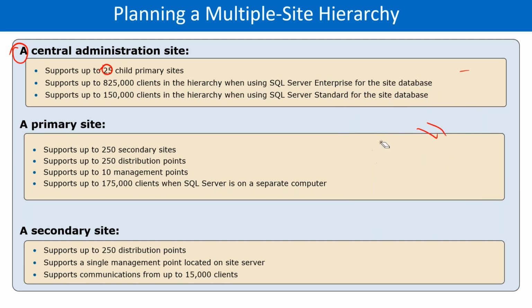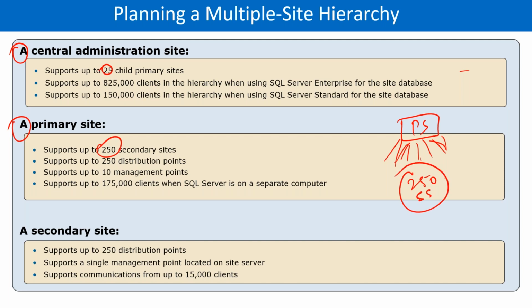Okay, now we will discuss the primary site. One primary site can have 250 secondary sites. So if you have a primary site, it can have a maximum of how many? 250 secondary sites. And in total it can manage up to 175,000 client computers.